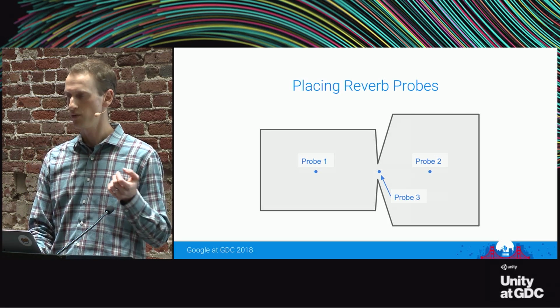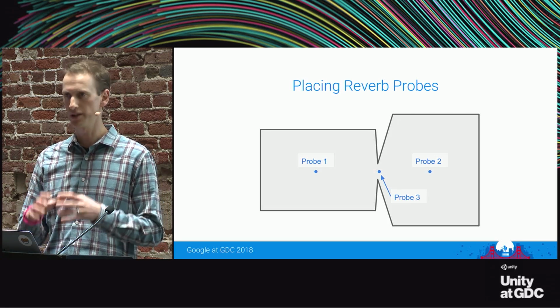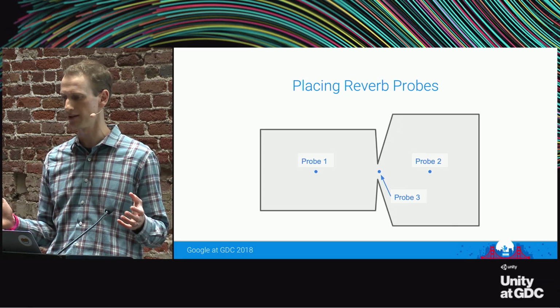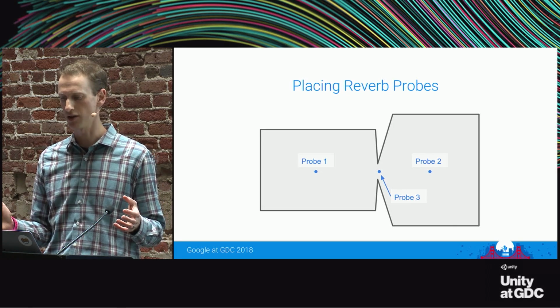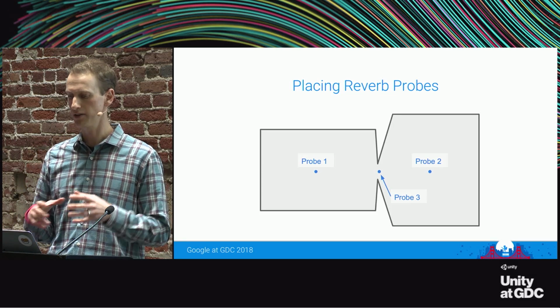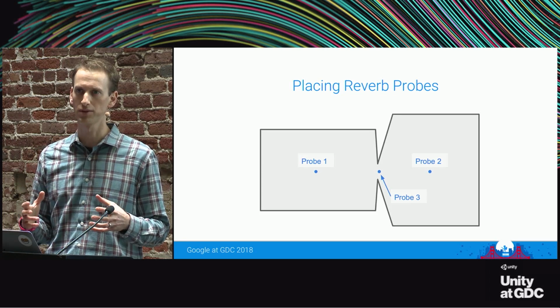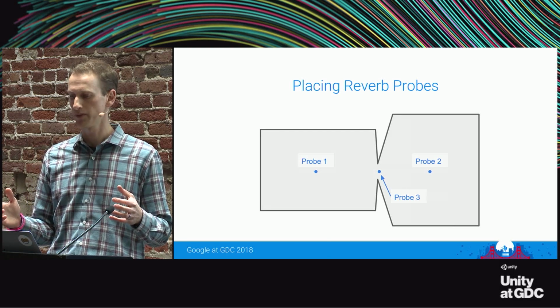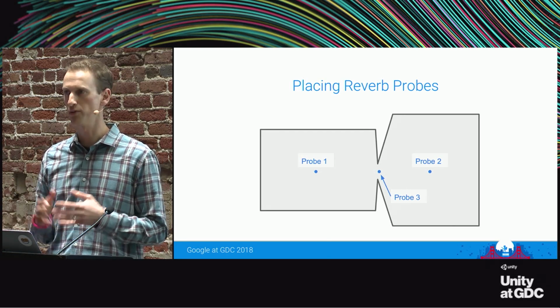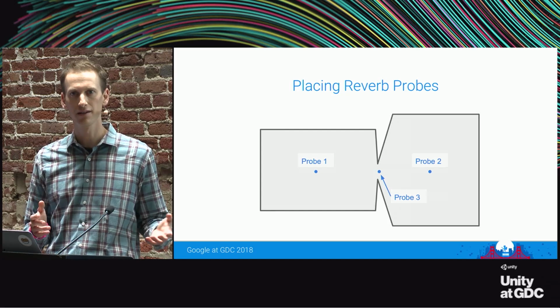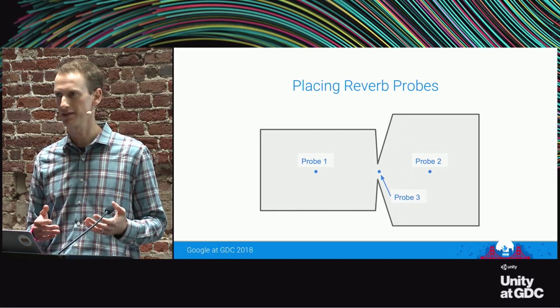However, to enable as realistic a reverb as possible, you have to look for where there are transitions between different places. And so probe 3 here is used to solve where you expect reverb to vary spatially in your environment. The general rule is the more that reverb is expected to vary in your scene, the more probes that you need to place, like probe 3 here.